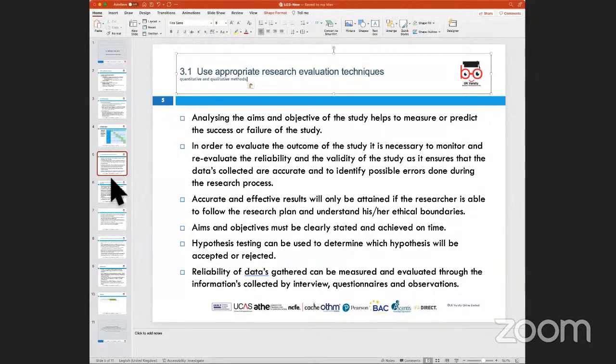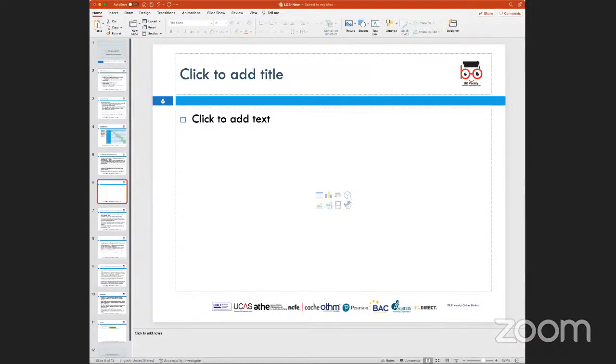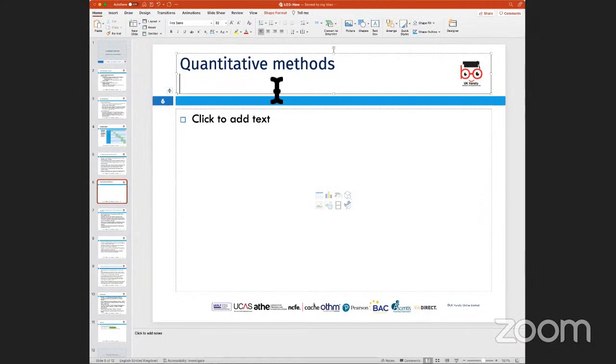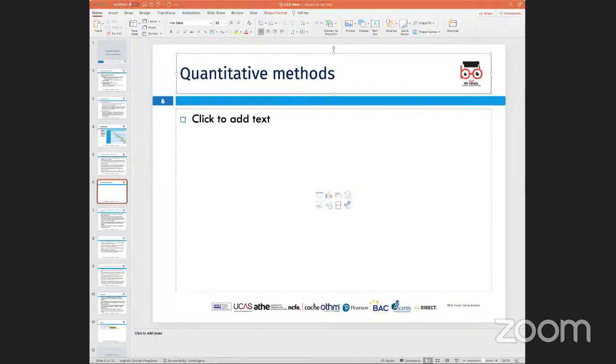So if I talk about quantitative methods, their aim is to answer questions about anything tangible to measure, like how many, who is involved, what the outcomes are, or at what price or time the data is being collected.